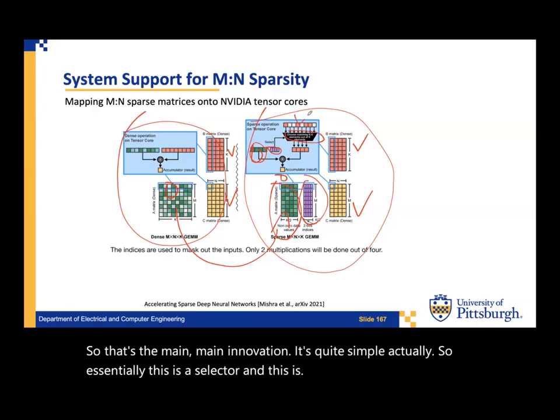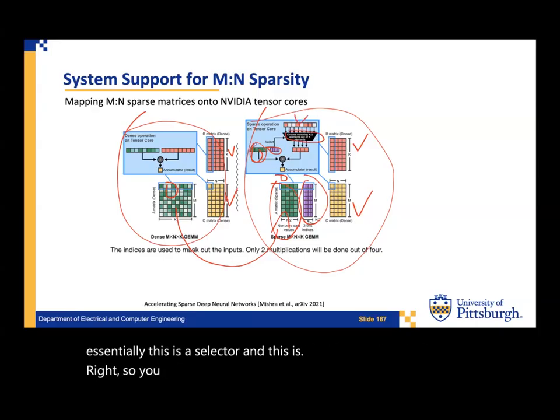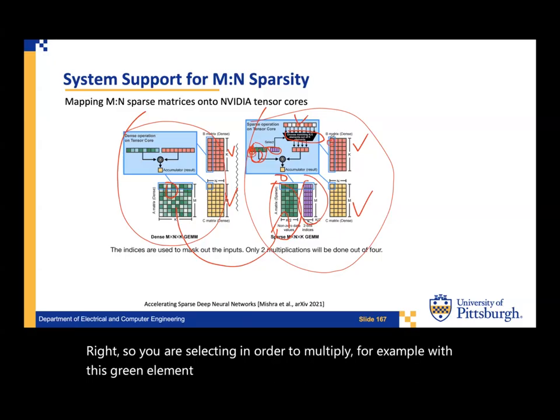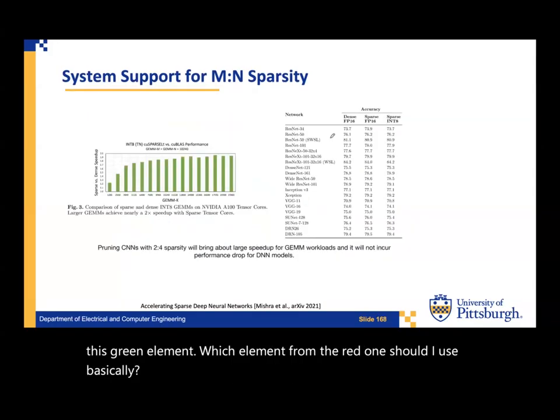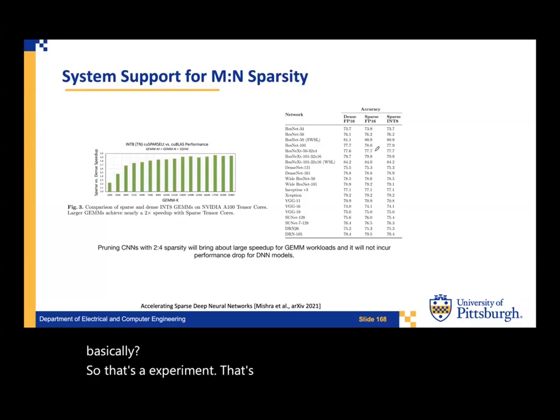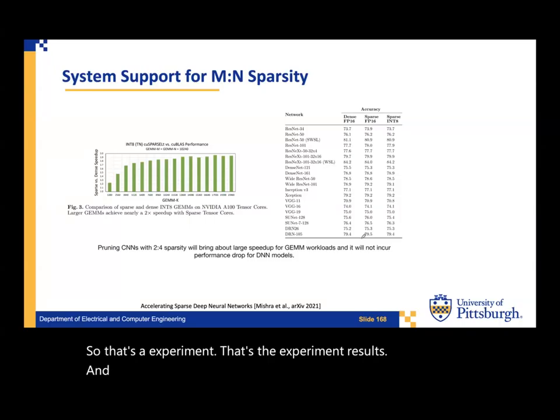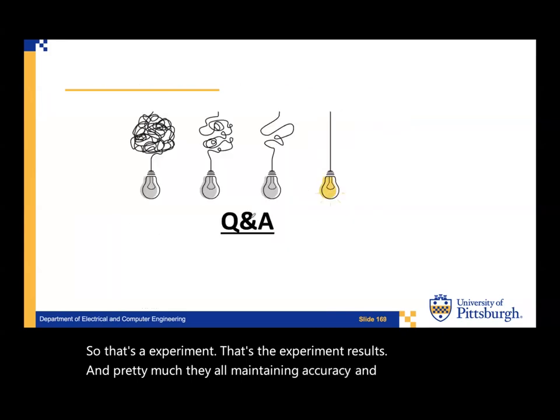To multiply with this green element, you select which element from the red one should be used. That's the experiment results, and they all maintain accuracy and achieve 2 times speedup.